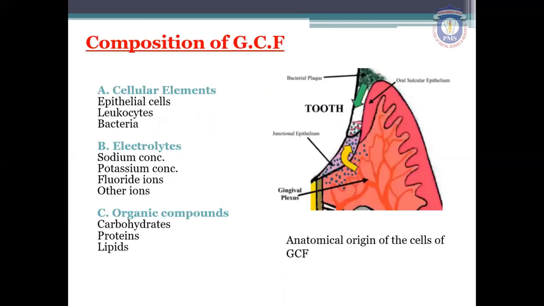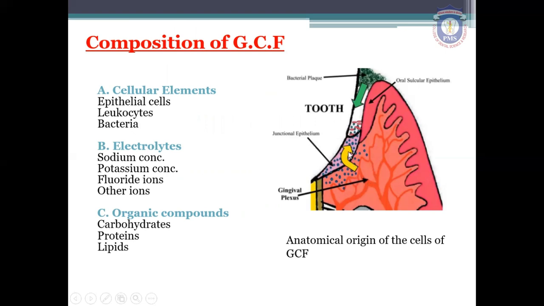Now coming to the composition of this GCF. It contains various cellular elements, especially epithelial cells, which can come from the oral sulcular epithelium or from the junctional epithelium. Then it can contain leukocytes which have come from the blood vessels in the connective tissue of the gingiva.